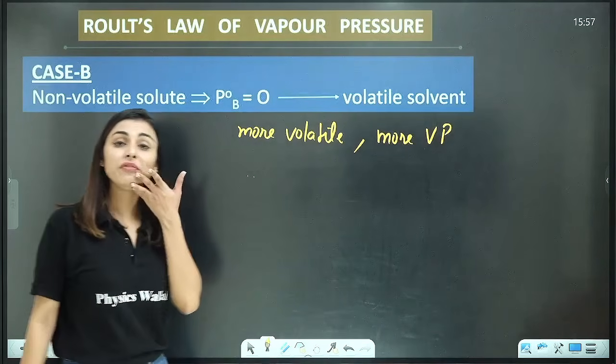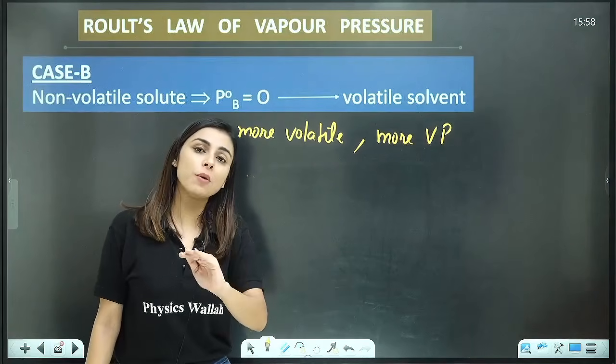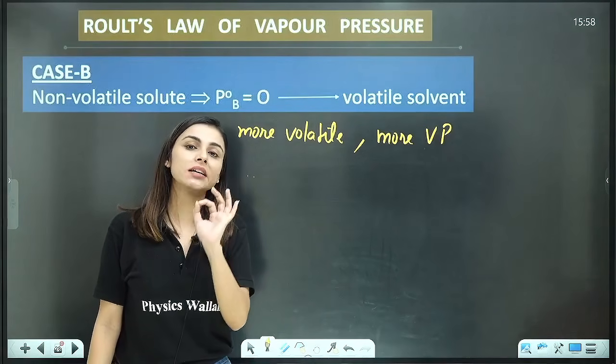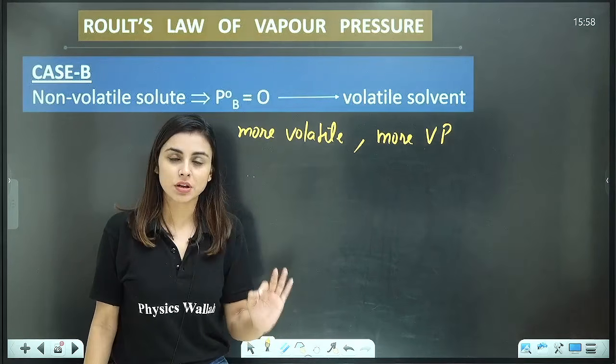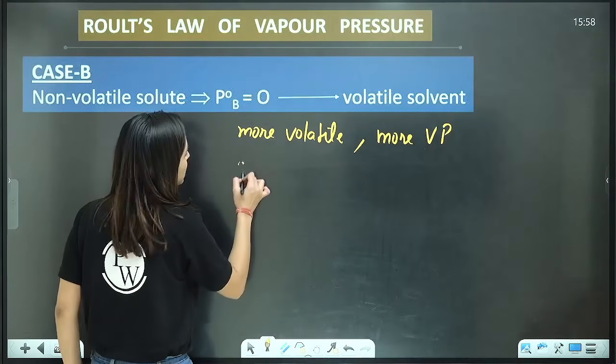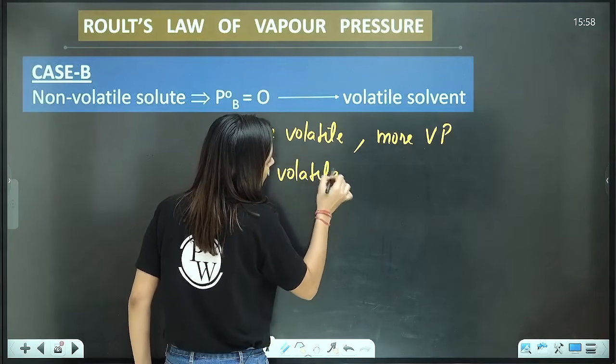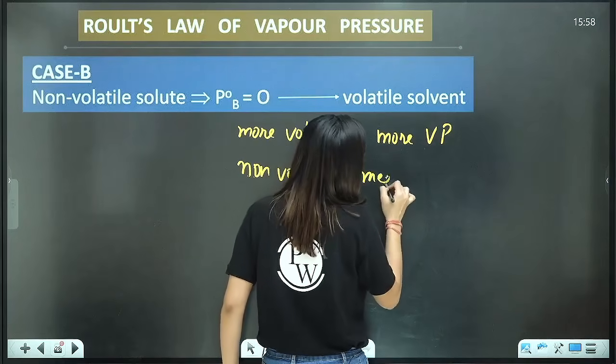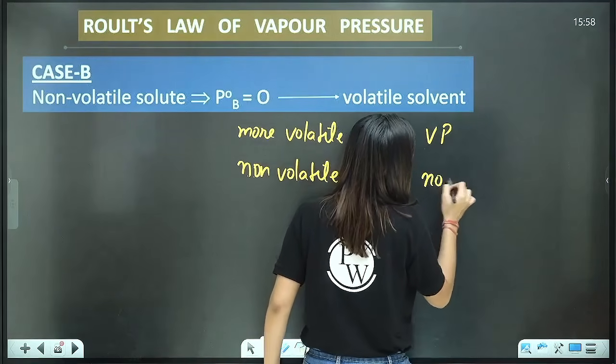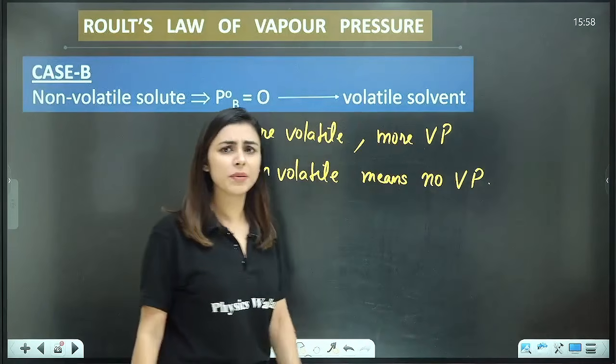Yes. Now, if a component is non-volatile, means that it does not have any vapor pressure, right? Yes. So, we would say non-volatile means no vapor pressure, right?